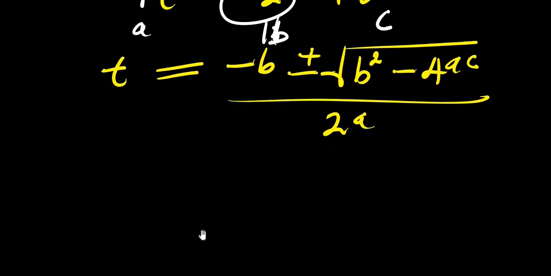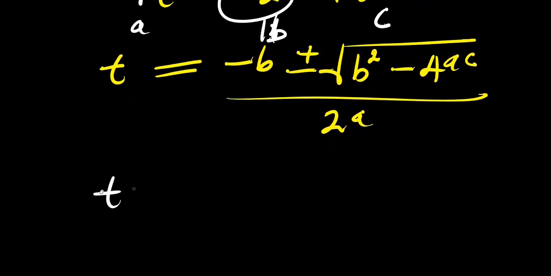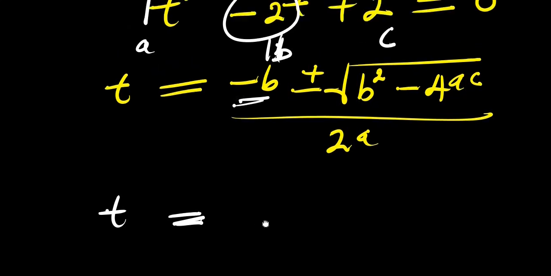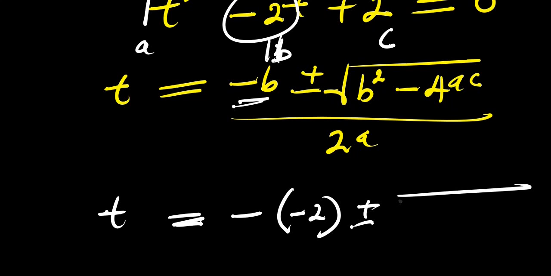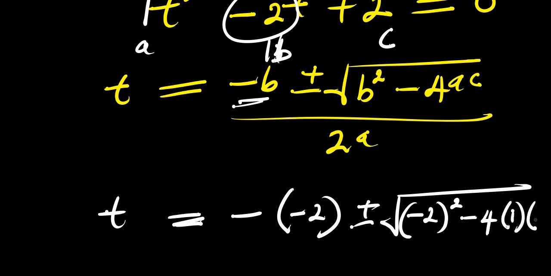Now from here we are going to have t equals, this is negative b, and our b itself is negative 2. So we are going to have negative times negative 2 plus or minus square root of b squared, this is negative 2 power 2, minus 4 times a times c, that is 2.